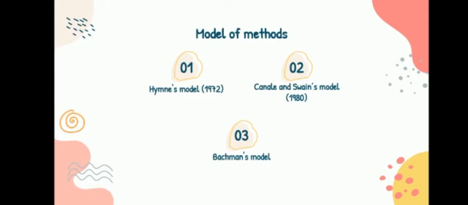Number 3 is Bachman's model. Another analysis of communicative competence has been undertaken by Bachman, who described communicative language ability as the coinciding of both knowledge or competence and the capacity of implementing or executing that competence in appropriate, contextualized communicative language use.